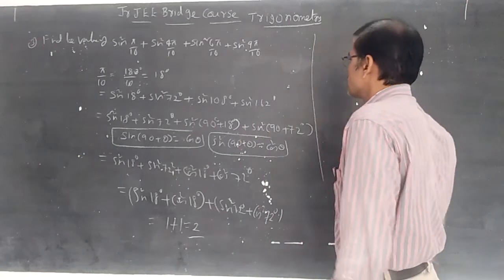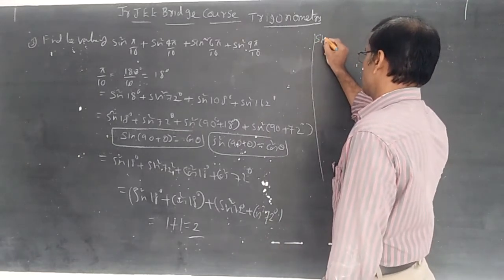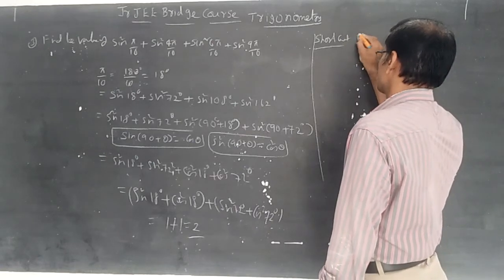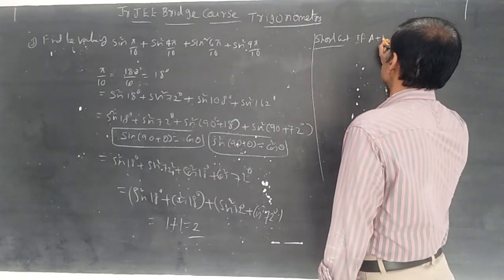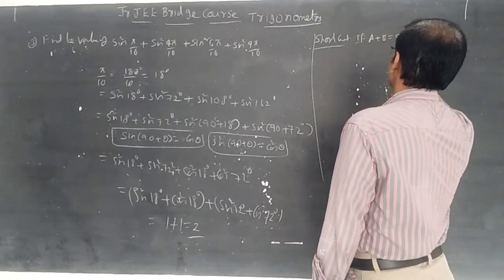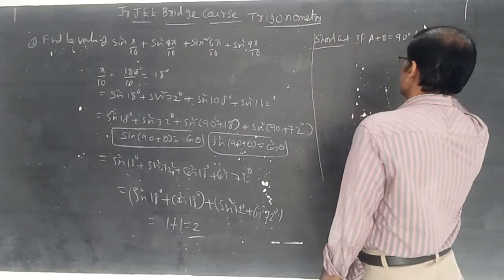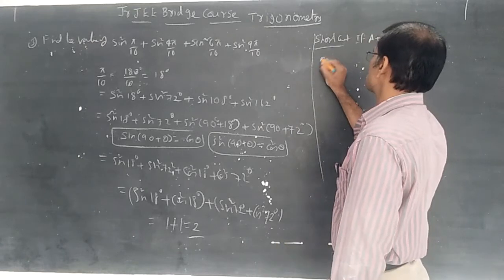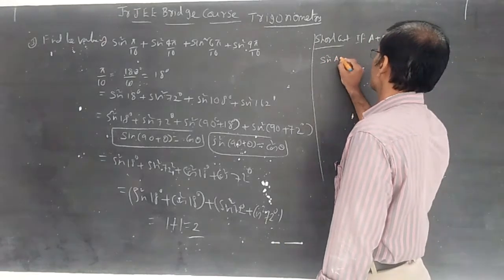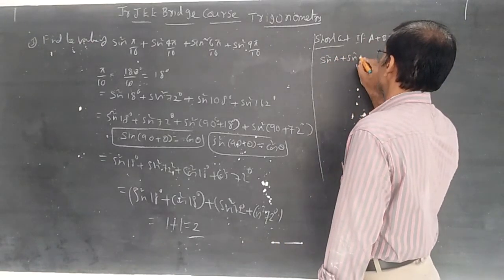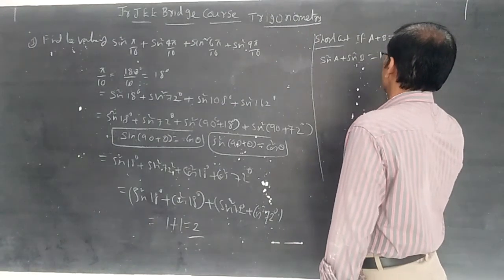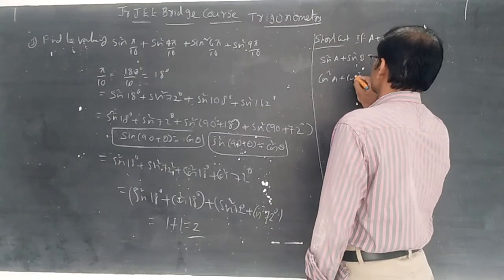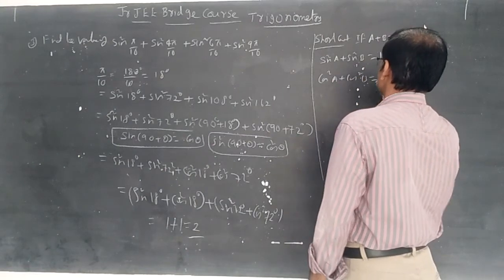This is the sum. For this sum, I am going to discuss a shortcut. If A plus B is equal to 90 degrees, then sine square A plus sine square B is equal to 1 and cos square A plus cos square B is equal to 1.